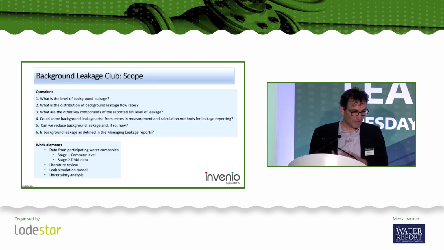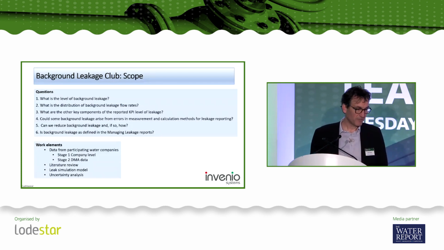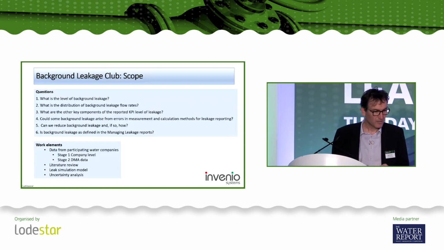There's also a literature review carried out. There isn't a huge amount of published information about background leakage, but we reviewed that, which is in the final report. And then we did some error analysis, and we also did a bit of simulation of what background leakage might be, which came out with some quite interesting results as well.